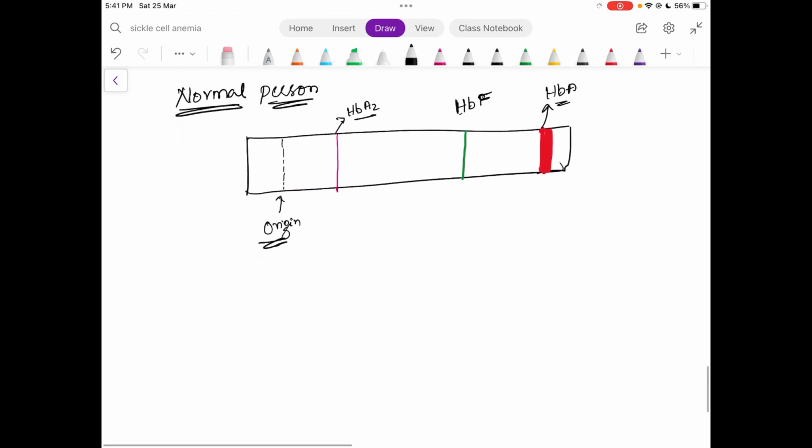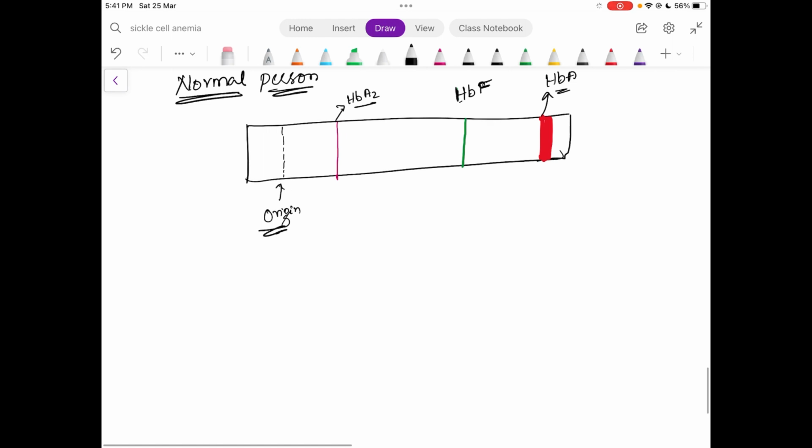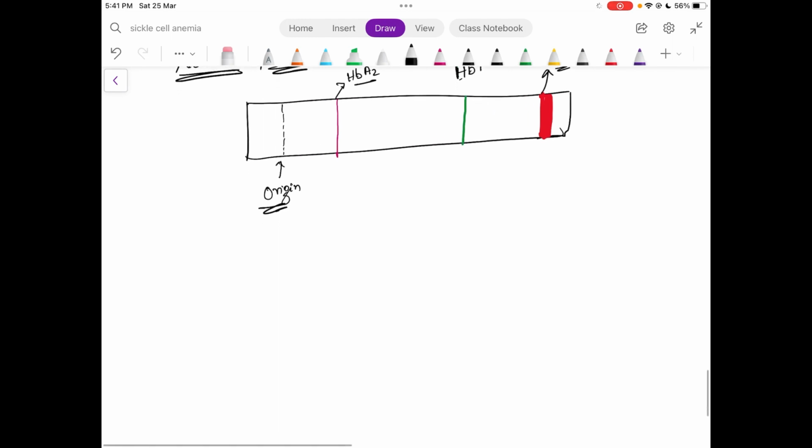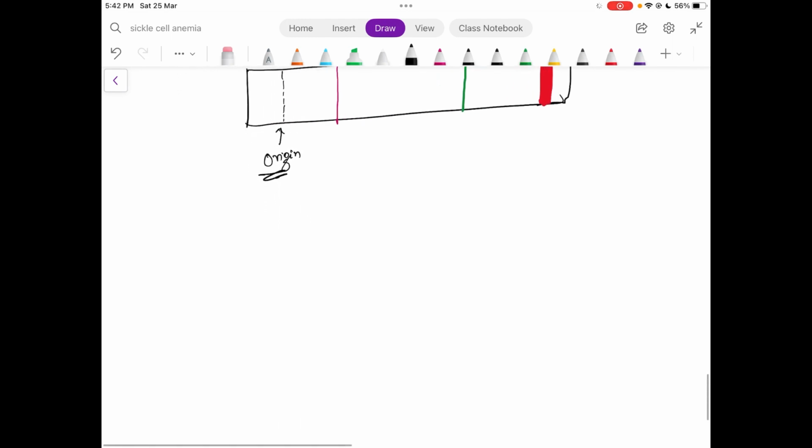What happens in sickle cell disease? This sickle cell disease is of two types. One is heterozygous.